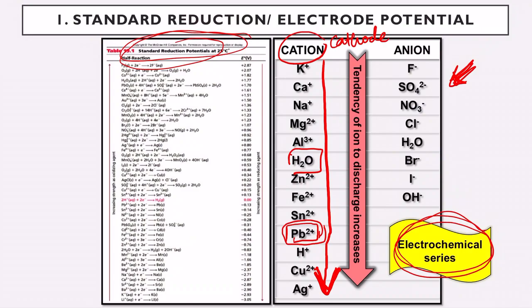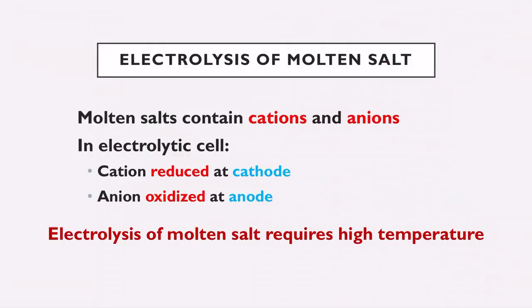So let's say if you have OH minus and Cl minus, between these two, then you will pick OH minus, it will discharge at your anode. Okay, so obviously you know lah, yang anion will discharge at anode and cation will discharge at cathode. Okay, so electrochemical series ni kena ingat.